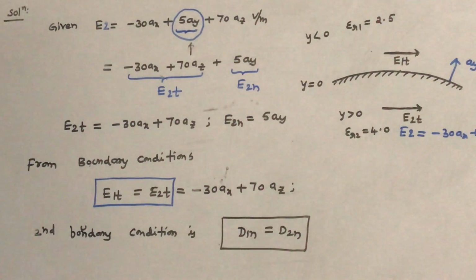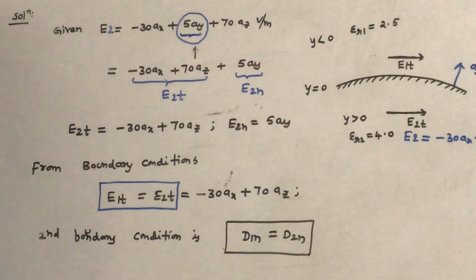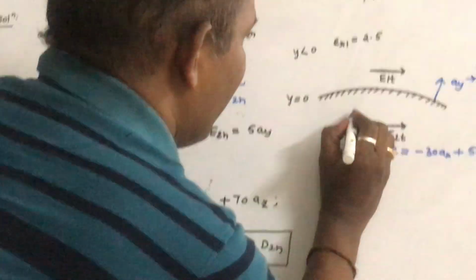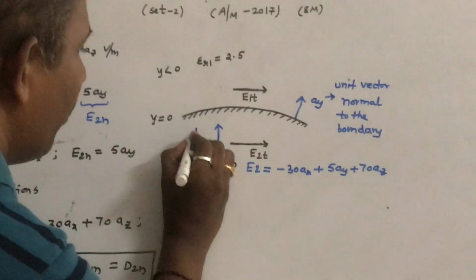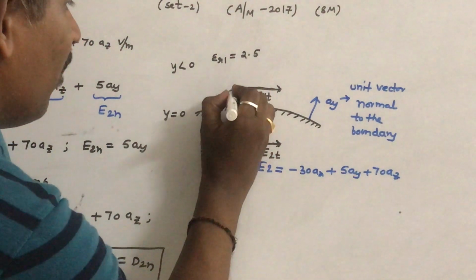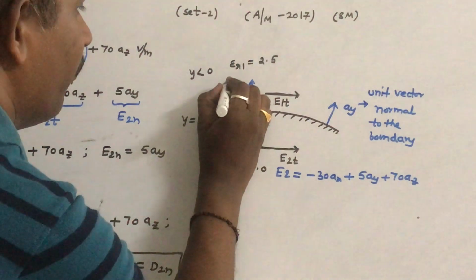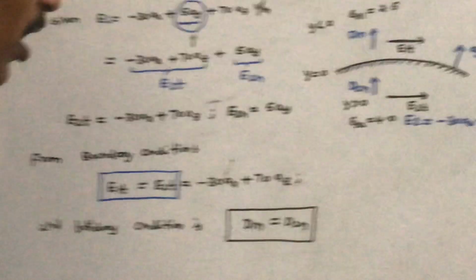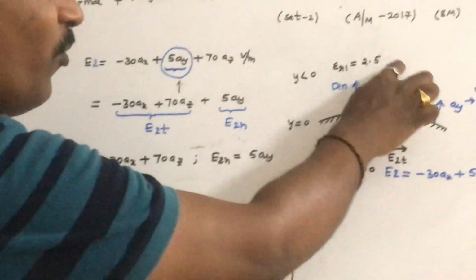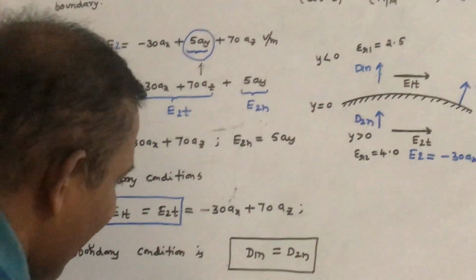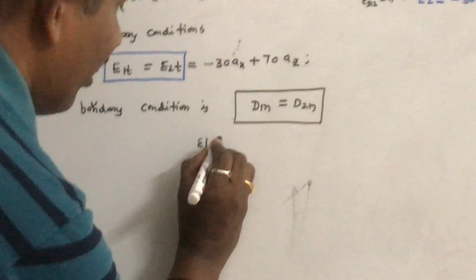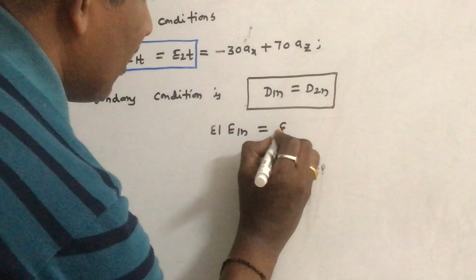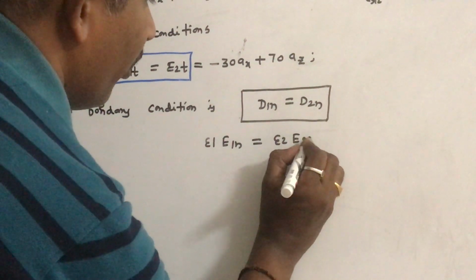The normal component of D in one medium is the same as in the other. By using this boundary condition we want to find E1n. So this is written as epsilon 1 into E1n equal to epsilon 2 into E2n.